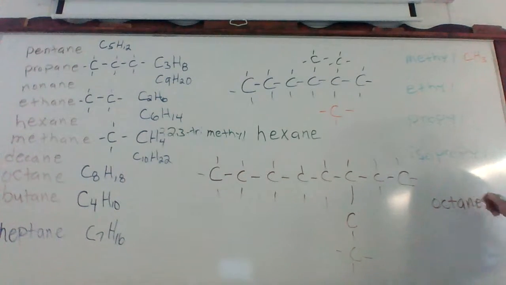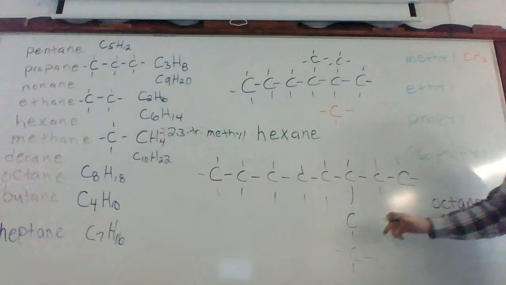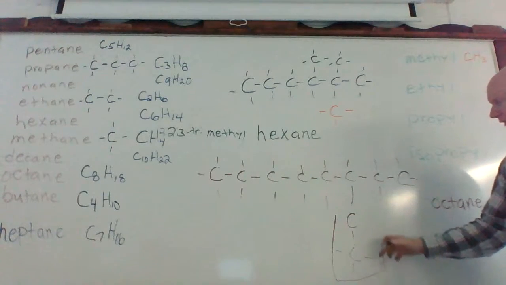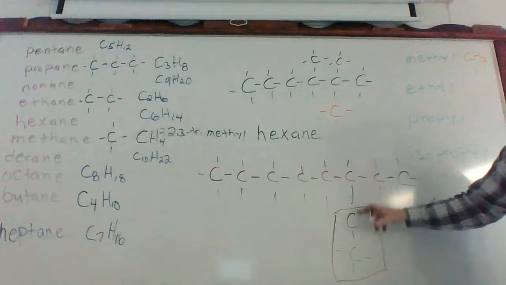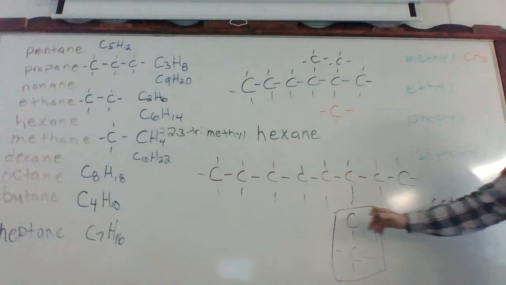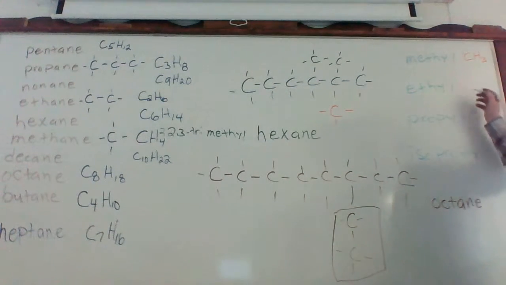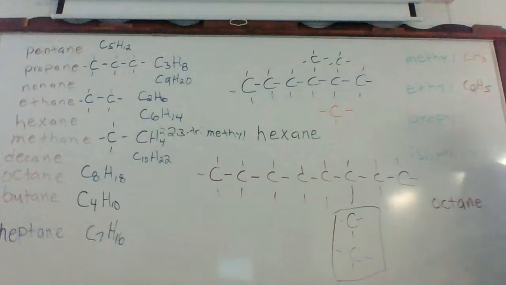Is there anything branching off of that alkane? Yes. Something with the formula of not C2H6, because remember, this is a carbon-to-carbon bond, not a carbon to hydrogen. So, something with the formula of C2H5 is called an ethyl group.